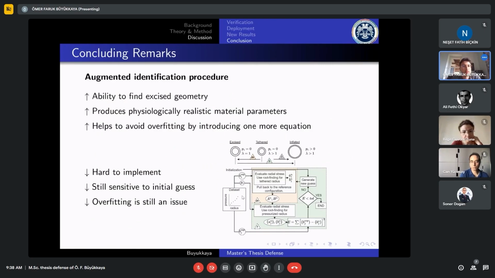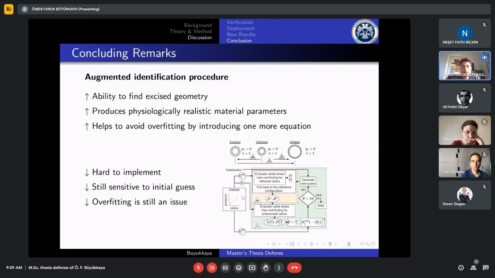So to conclude, the proposed augmented identification procedure has some upsides and downsides. It has the ability to find the unknown excised geometry, and it produces physiologically more realistic material parameters, which are less stiff than those found previously.